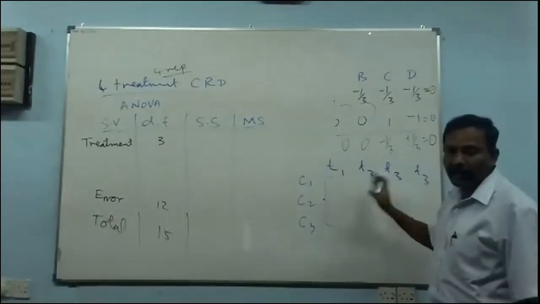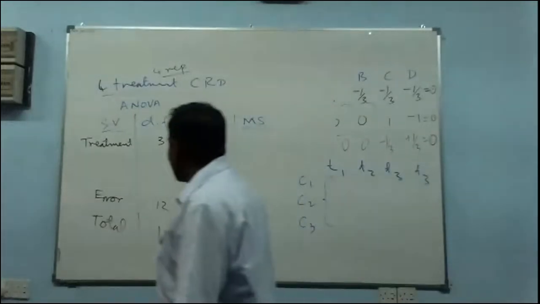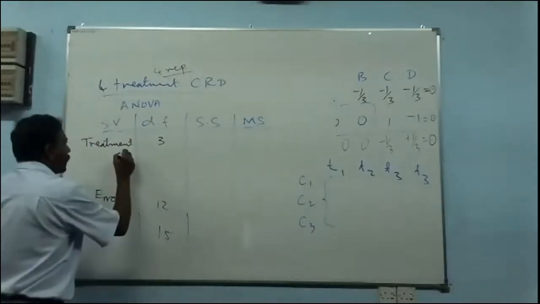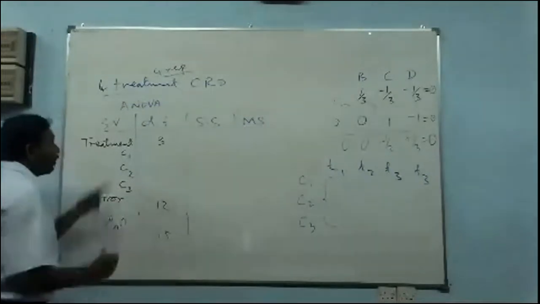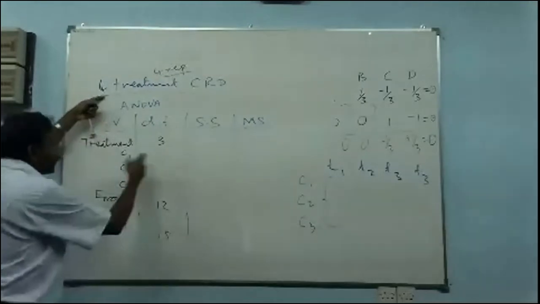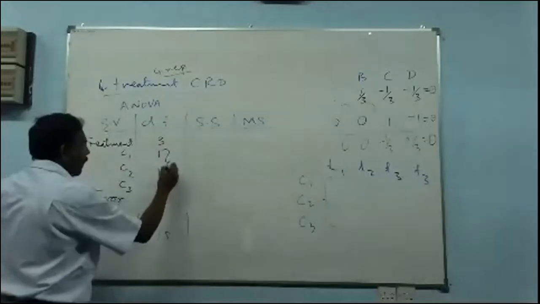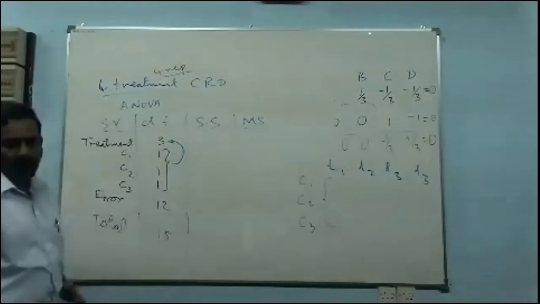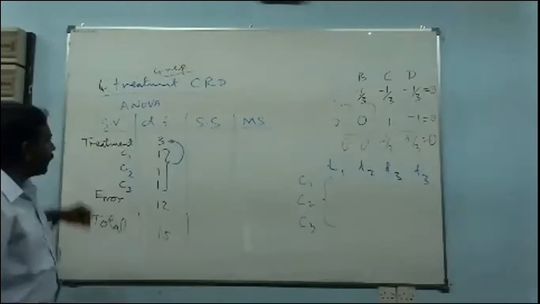So here 4 minus 1, we can develop only 3 contrasts, C1, C2, C3, because there are 4 treatments. Their degrees of freedom is 1 each. So if you add all these degrees of freedom of contrast, that is equal to 3.